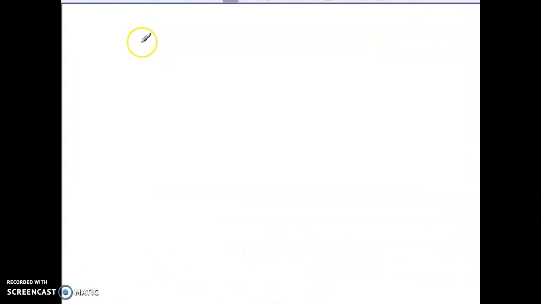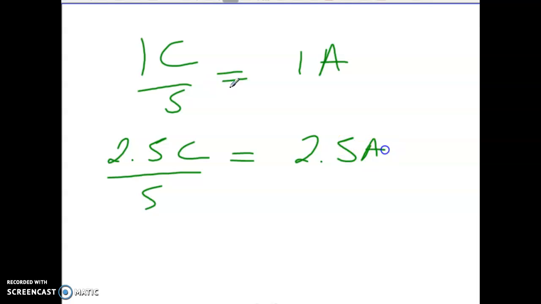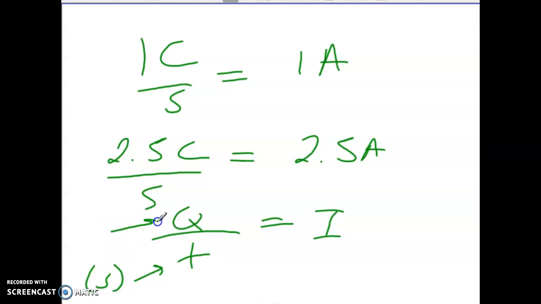So let's say we had 2.5 coulombs for every second. Well, that means that we have 2.5 amps, right? So to figure out the current, it would be our charge over time, in seconds, and charge is in units of coulombs.